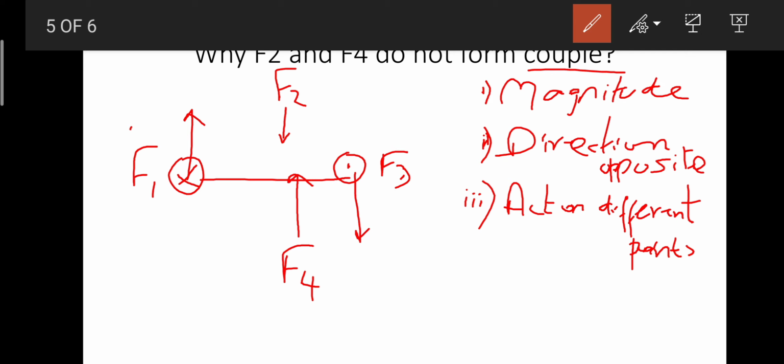So that's all for the question regarding couple. Now the last thing which you should know is about the dependence of torque, right? The factors on which this torque depends, using the same formula, are firstly n, the number of turns, or you can say the number of coils.